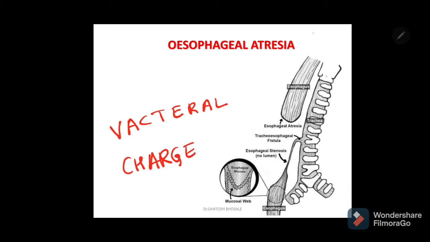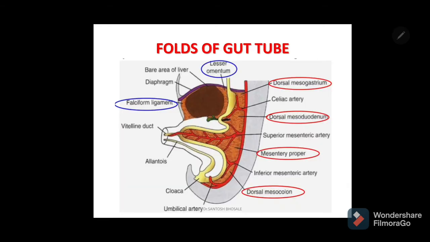So the tracheoesophageal fistula may occur in an isolated fashion, or it may be part of congenital syndromes that you should remember. So that is about the esophagus and its anomalies.